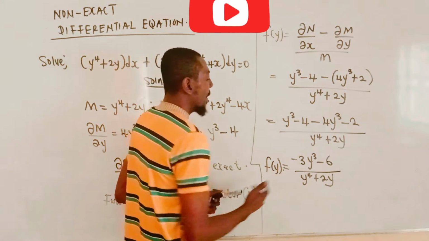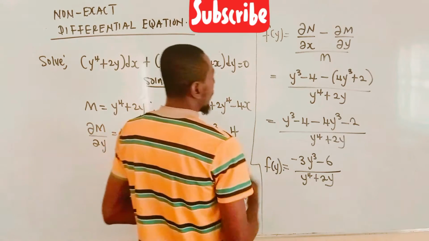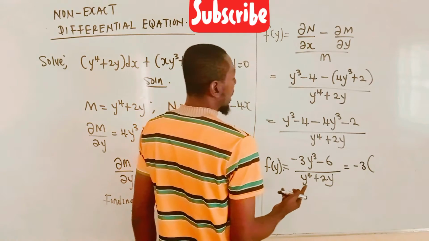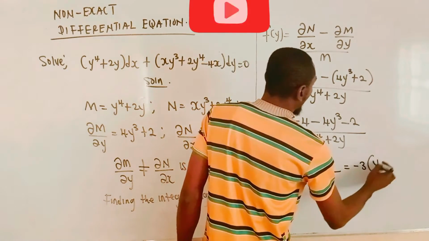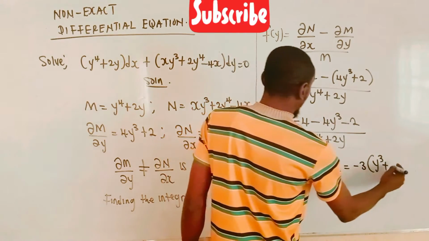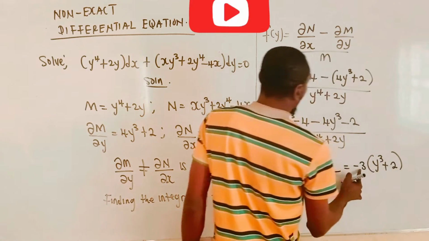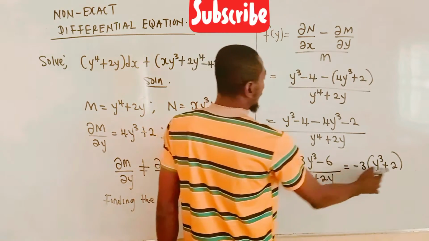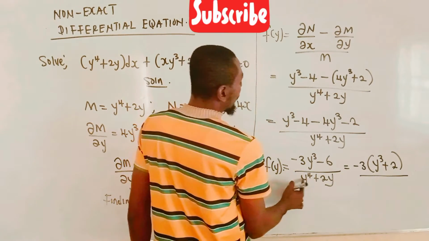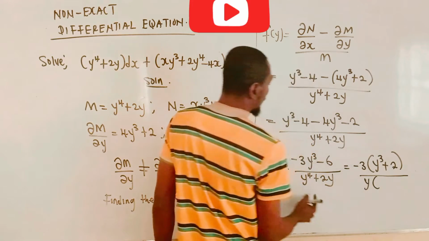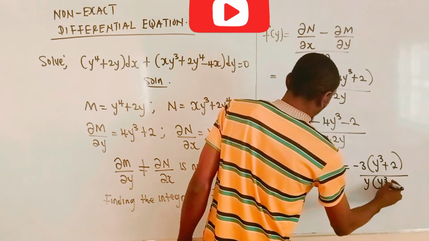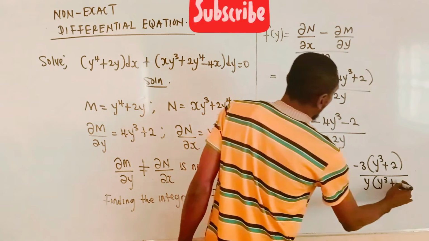We can actually factor out minus 3 from up there. You can see 3 is common. We have y³ plus 2, so minus 3 times y³ will give us this, and minus 3 multiplied by 2 will give us minus 6, all over, then factor out y from here, y into y³ plus 2.